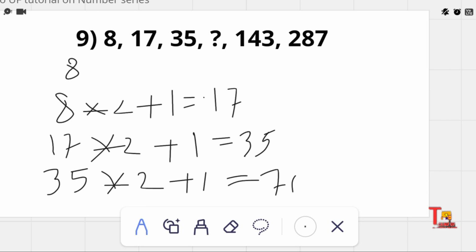And just look at here, if this maintains in the next pattern also, 71 multiplied with 2 is 142 plus 1, 143, right? 143, this will be the next number. So this is the answer, the missing number, right?